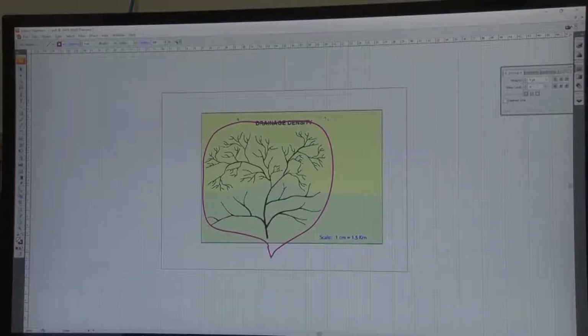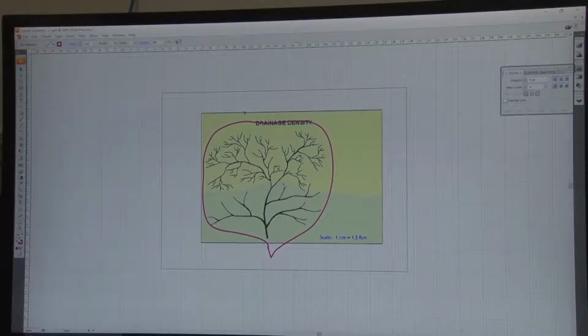Then you can appropriately demarcate the boundaries of the drainage basin, and calculate the drainage basin area by considering the scale and the area of one little square.